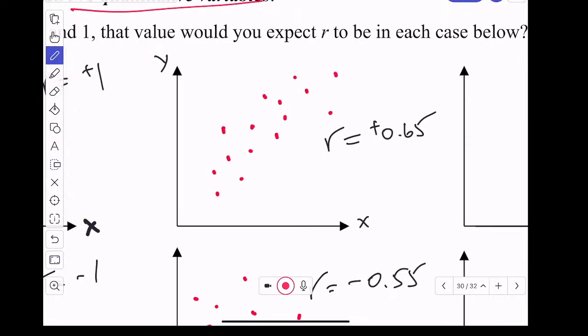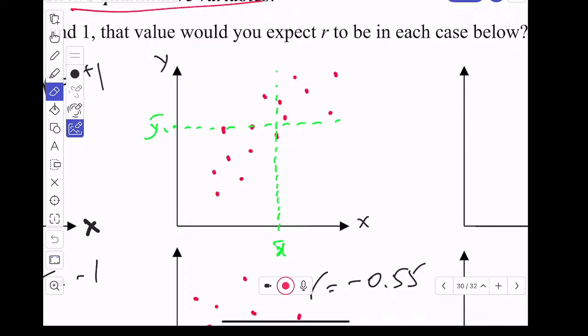That would put us here. This would be X bar. Would you agree? And then we want to go about halfway through in the Y direction. That would put us about here, Y bar.